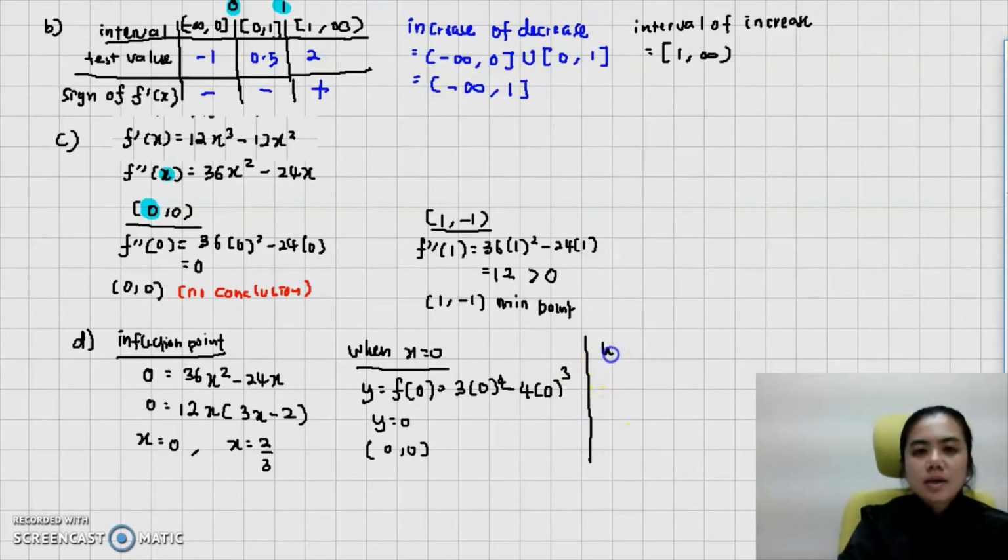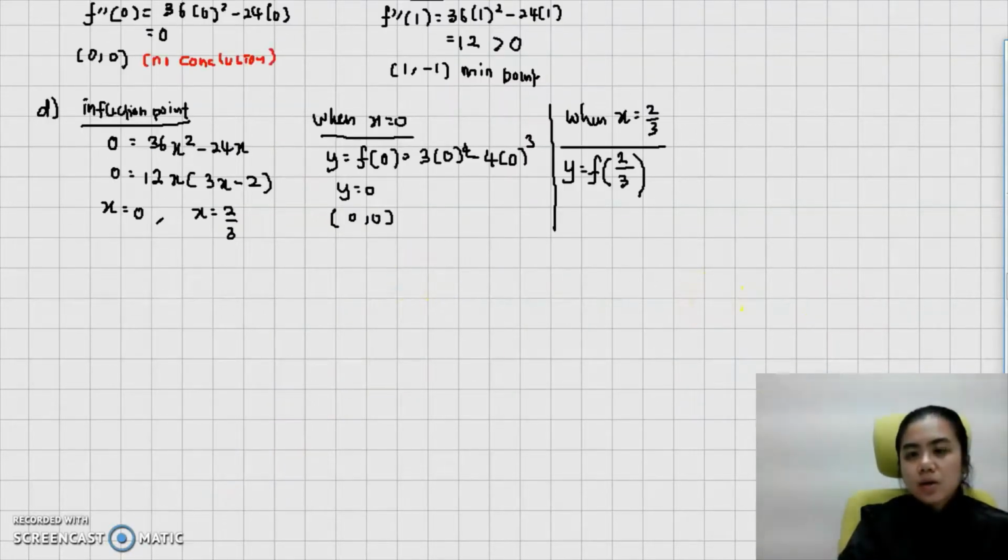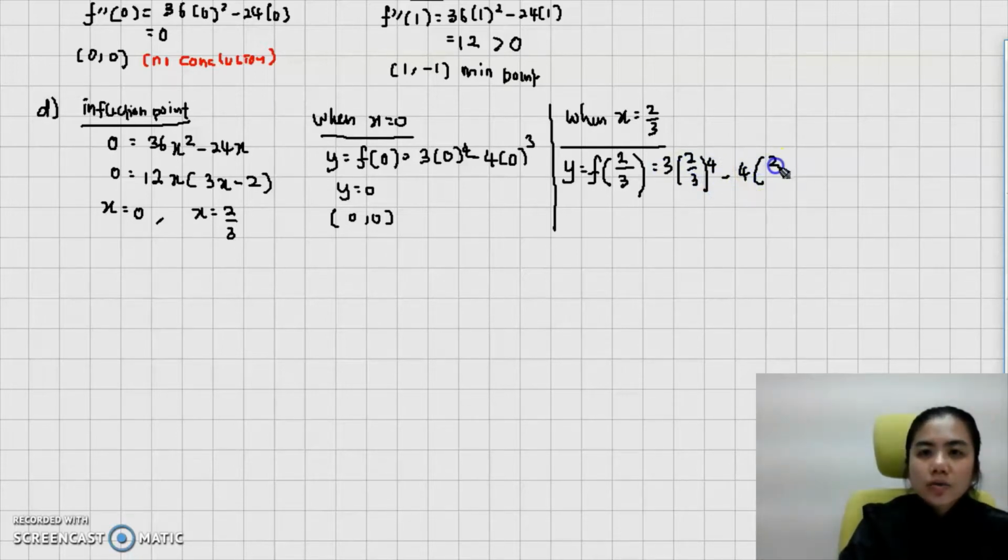Let's look at the next. We have x equal to 2 over 3. We repeat the same process and substitute into the original function f. We sub x as 2 over 3. When you do substitution, we have 3 times 2 over 3 to the power 4 minus 4 times 2 over 3 to the power 3, and this gives you y equal to minus 16 over 27.